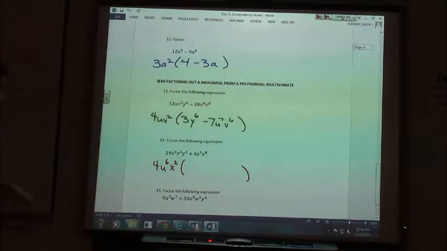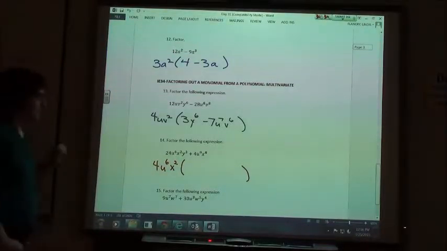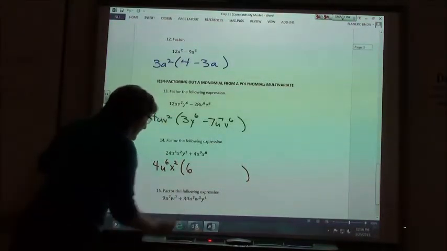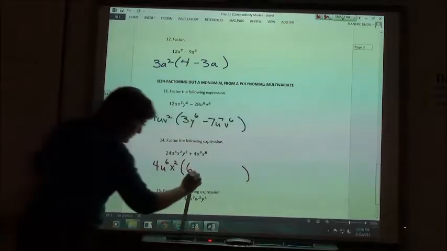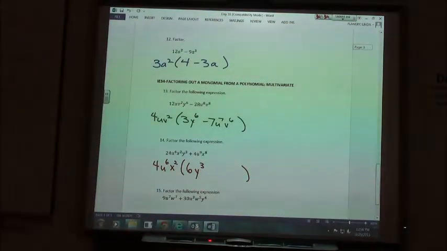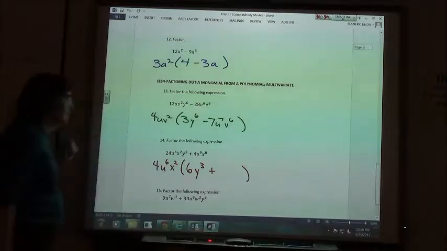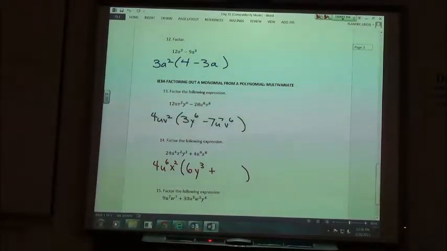So now I have to divide. When I divide, I'm going to get 6y to the 3rd. See how she got that? Plus 1.